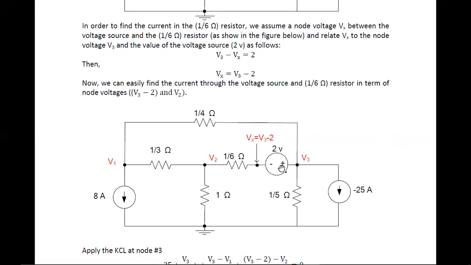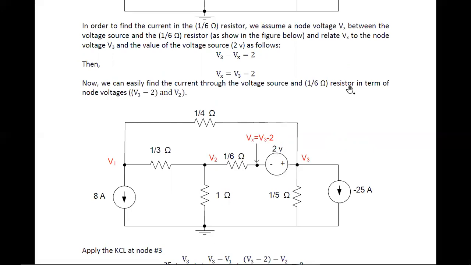Vx is the higher potential minus the lower potential, so you can write V3 minus Vx is equal to 2, because V3 is positive and Vx is negative. If you want to write Vx in terms of V3, then it will be V3 minus 2.